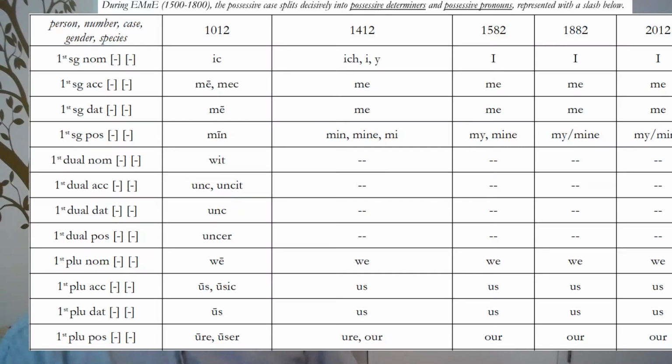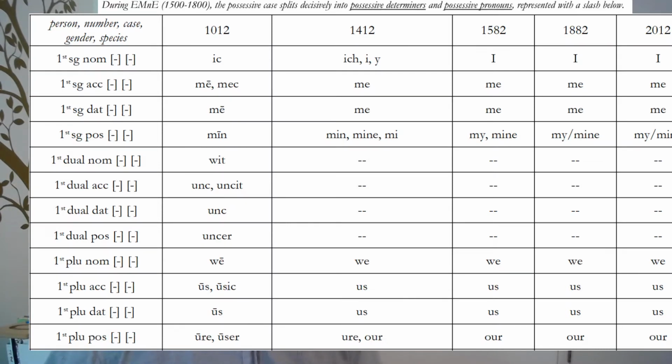And we'll remember in Old English, sometimes the letter C is a ch or k sound, right? In 1412, again in the Middle English period, we have ich, but also the emergence of variants on that. Ich, which can be spelled I or Y. Sometimes you'll see ich spelled YCH even, right?